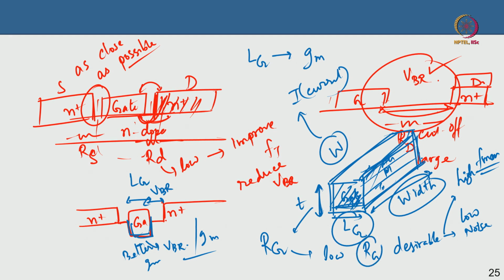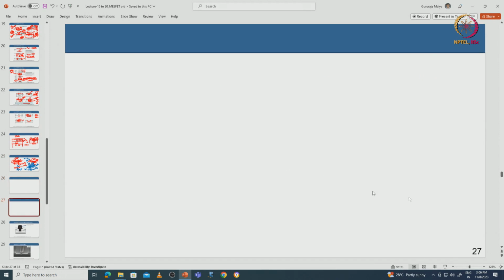Now if you look here, what can we do actually? If I look at the gate resistance, maybe I can use the whiteboard here again. So you have a gate bar something like that.